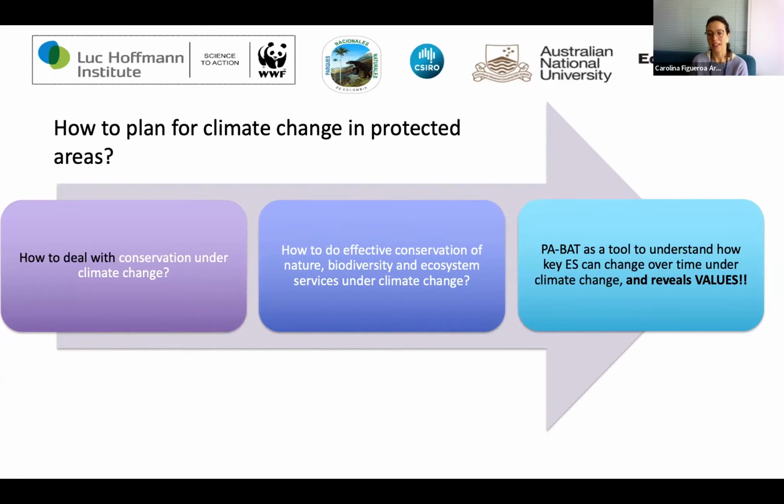One of the sad things is that there's really nothing we can do to maintain the glaciers, but what we can do is create measures to prevent, for example, tourism from going into those places, and create some strategic actions to protect those places from other types of activities. So that was the context where we used PA-BAT in this project called Conservation Futures.